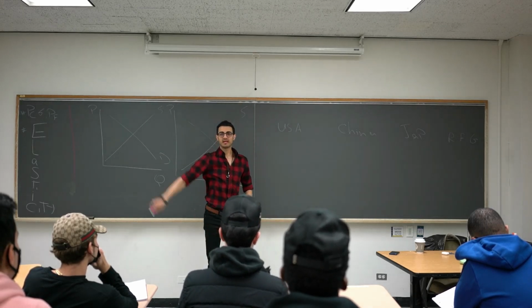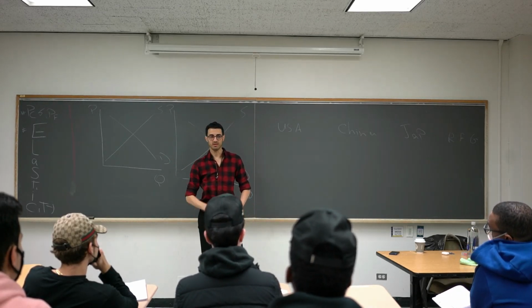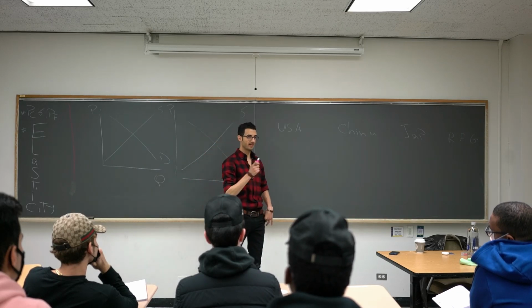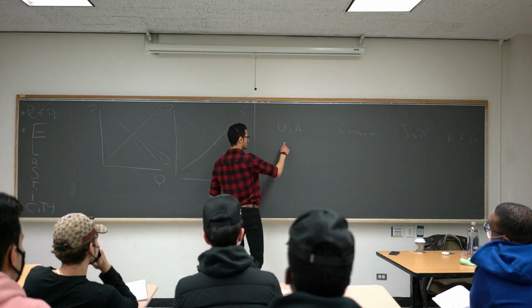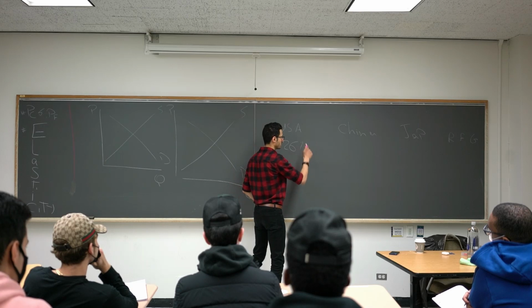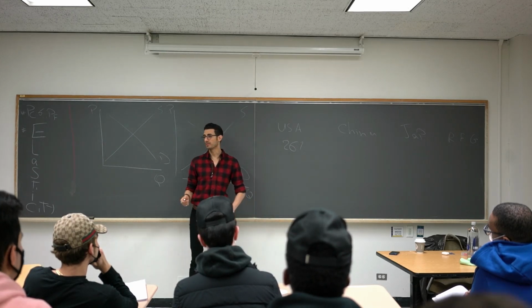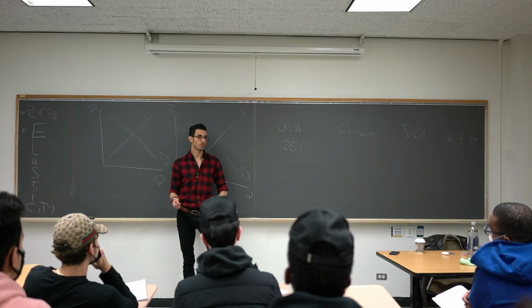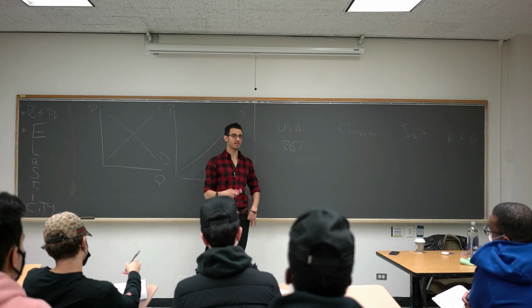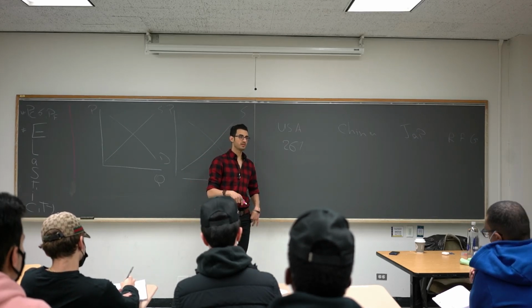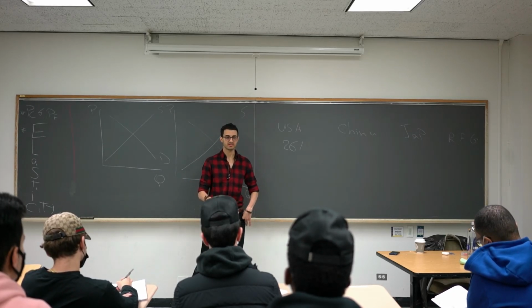Out of the global GDP of this whole planet, the United States produces about 26% of the GDP. That's more than a quarter. 26% of the income, of the money, of the wealth of this planet is concentrated here.